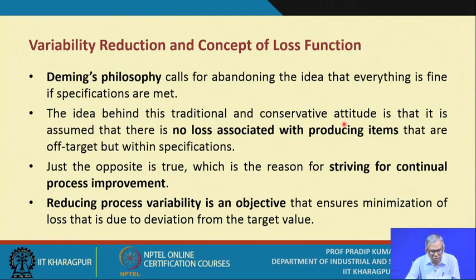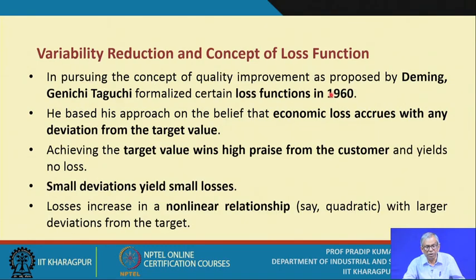So reducing process variability is an objective that ensures minimization of loss that is due to deviation from the target value.